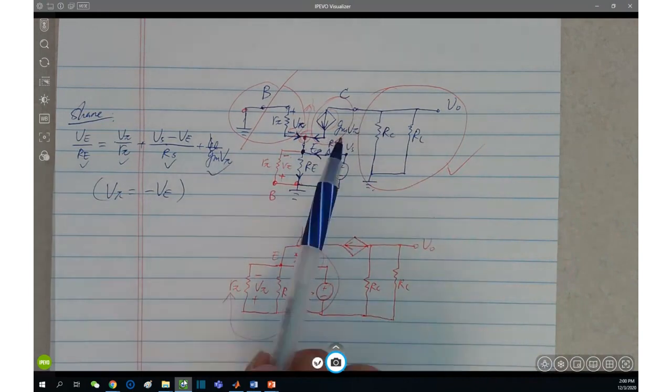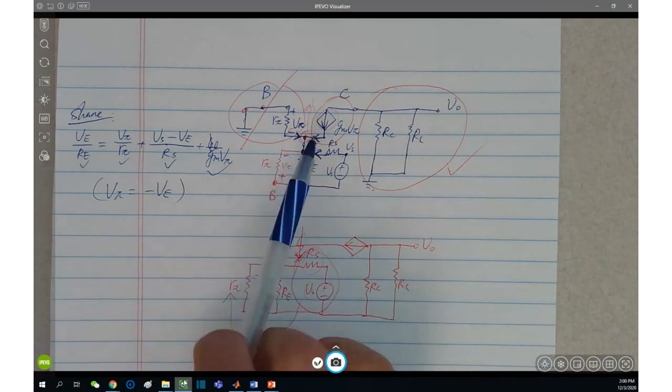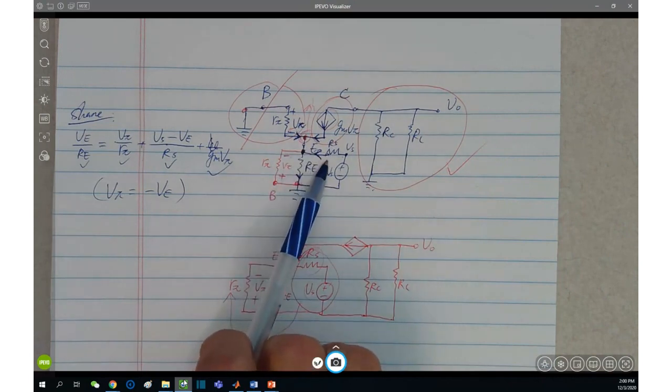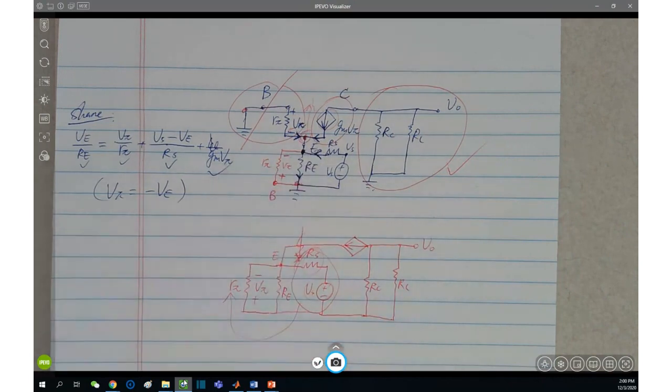Can you still come up with the correct equations like Shane did? Yes. Then you have no trouble. If you don't want to do this, then you don't have to. There's no credit given for this step. It's not a required step. It won't prevent you from getting the correct equations, which really matter.